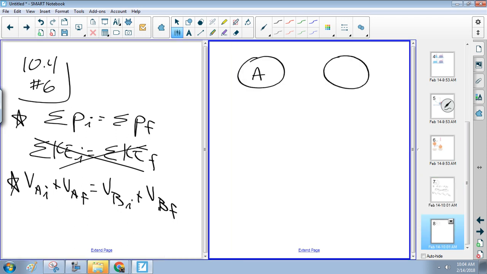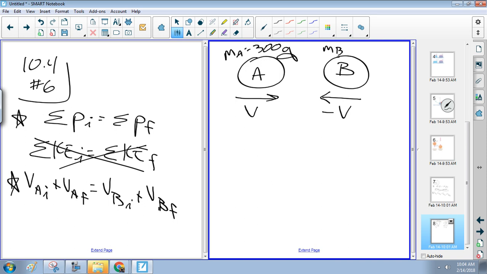Sphere A, sphere B. They're both approaching each other with the same speed. So let's call that V. What do I have to call this one? Negative V. It tells us that one of the spheres has a mass of 300 grams. You want to make that A or B? A. Mass of A, 300 grams.